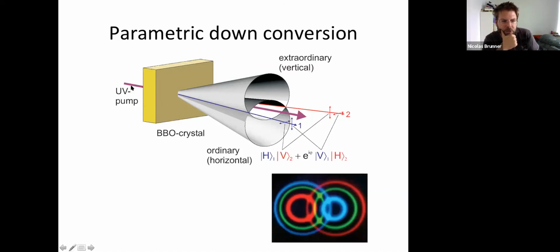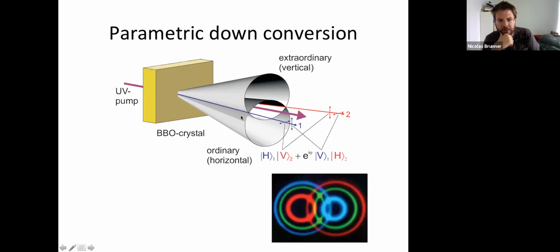So you have highly energetic photons that come in. And in this medium, each of these photons has a probability, in fact quite a low one, let's say 10 to the minus 6, 10 to the minus 7, something like this, that one of the pump photons will be down converted to 2 photons.